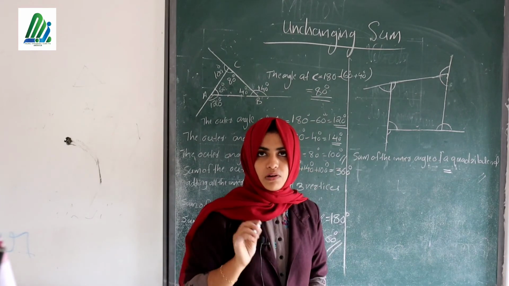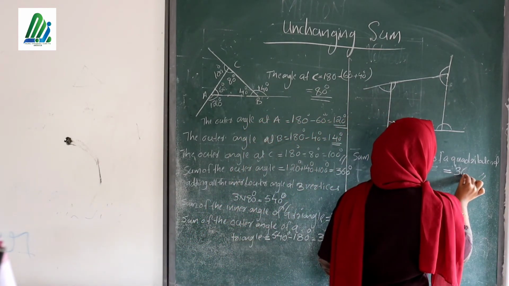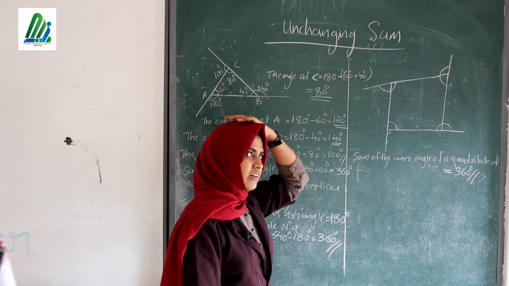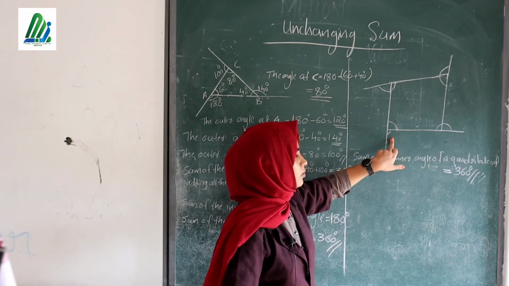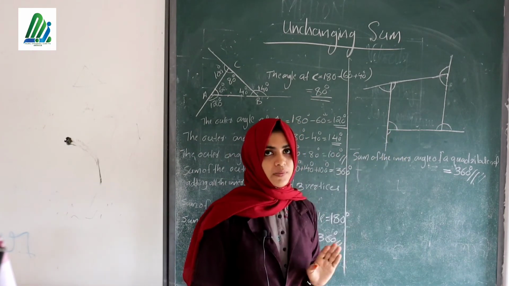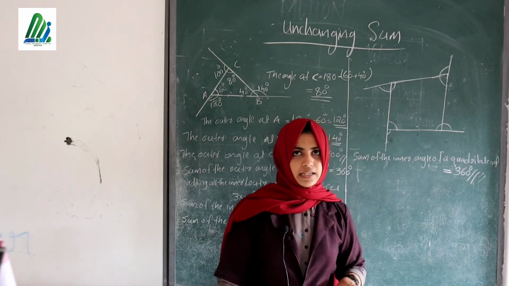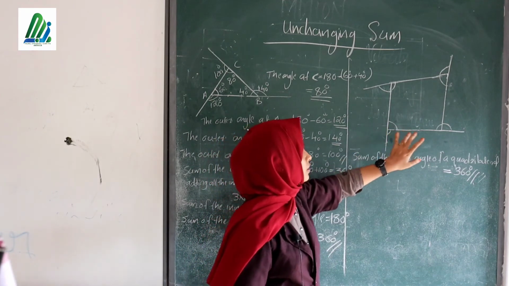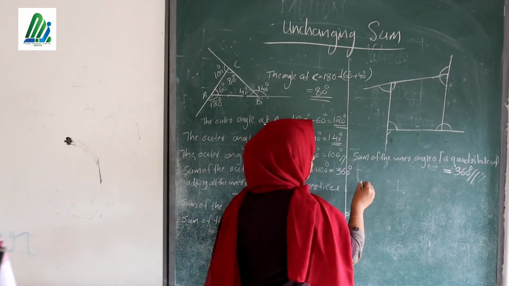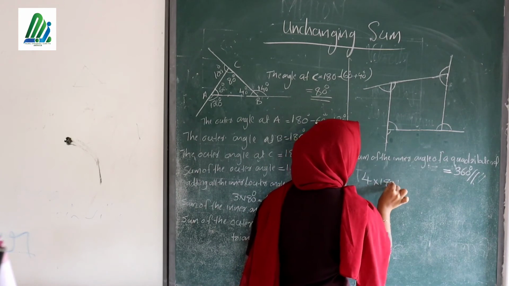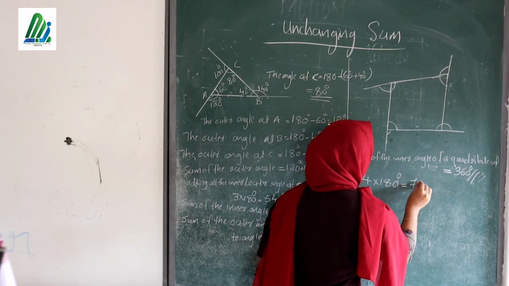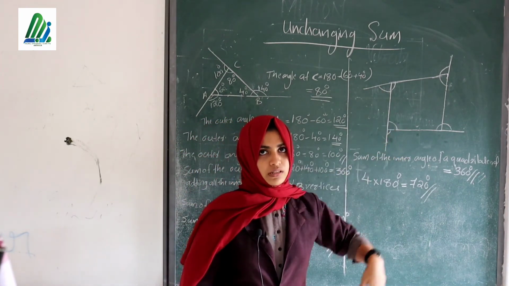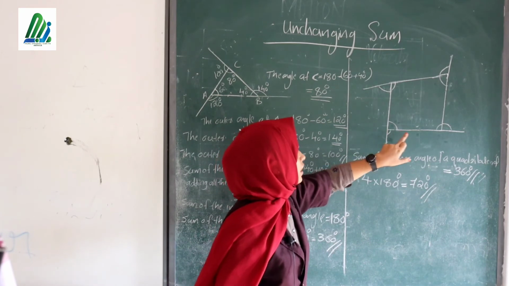It is 360 degrees. And when we add the inner and outer angle of each vertex, we get 180 degrees. So what about the 4 vertices? The sum of the inner and outer angles at 4 vertices is 4 into 180 degrees, so we get 720 degrees.